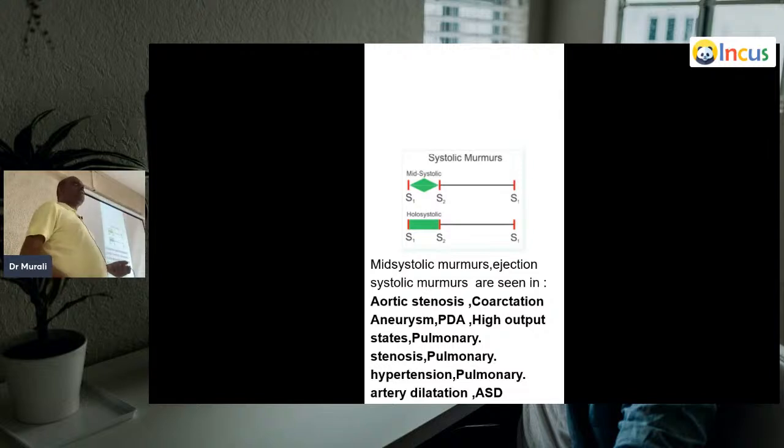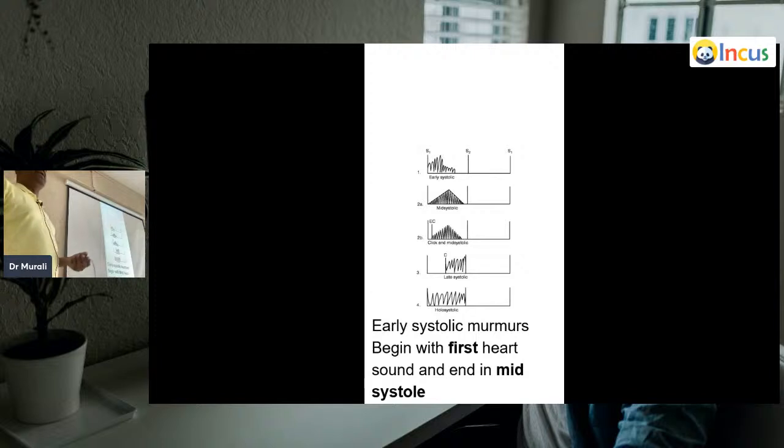Typically, valvular pathologies like aortic stenosis and pulmonary stenosis lead to ejection systolic murmur. Then pan-systolic is all MR, PR, VSD, all those things.